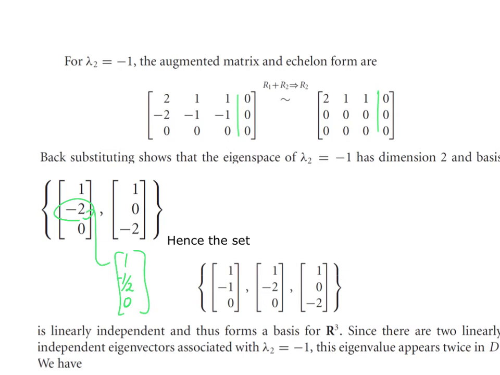Actually, my apologies, it would have been 1 here, 1/2 here, and -1 here, and then 0, and then I multiplied it by 2, so that's why there's a 2 there.